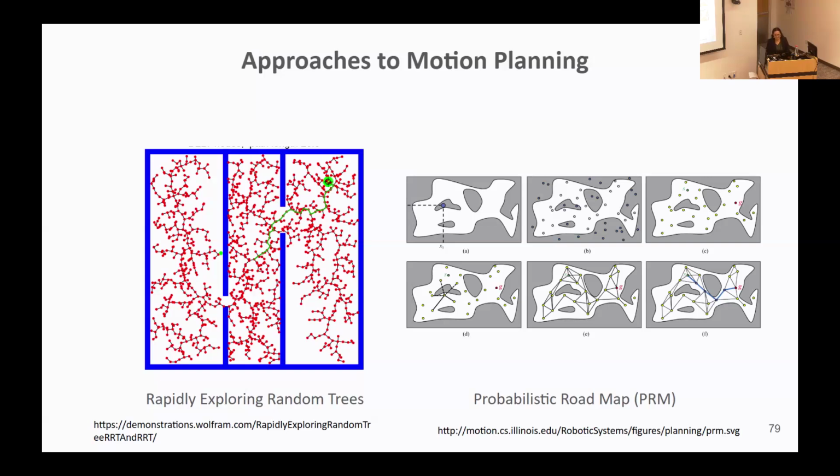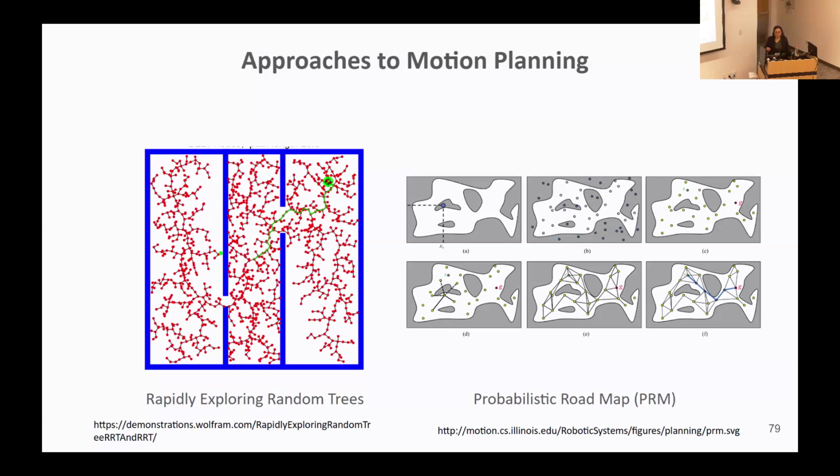Okay, so the two approaches that we see here, and the planner that is used in the notebook is actually an RRT star approach, an extension of the RRT. Both approaches are based on sampling.